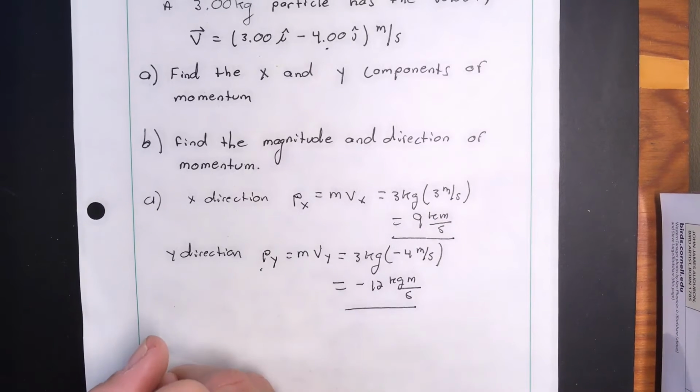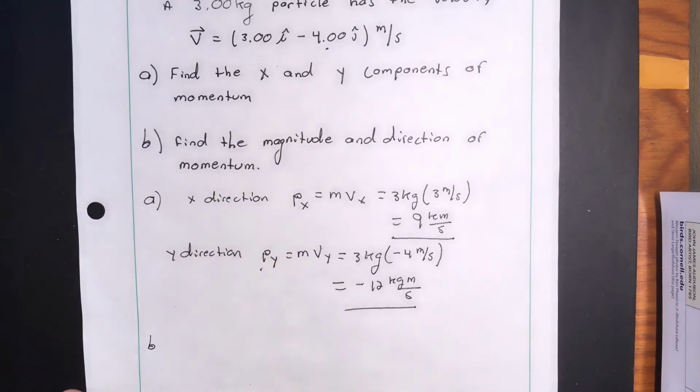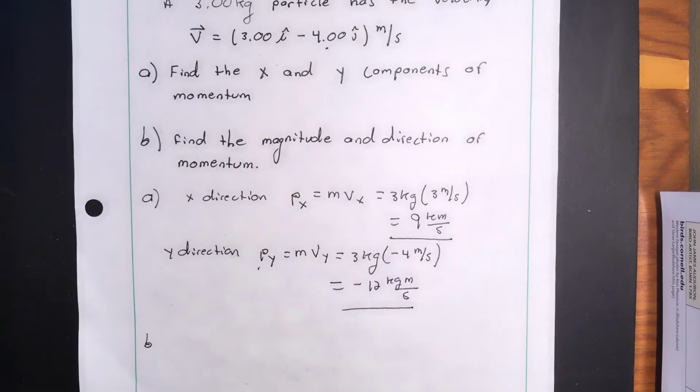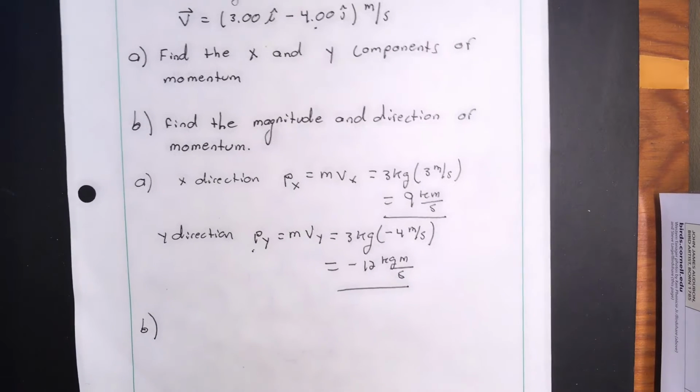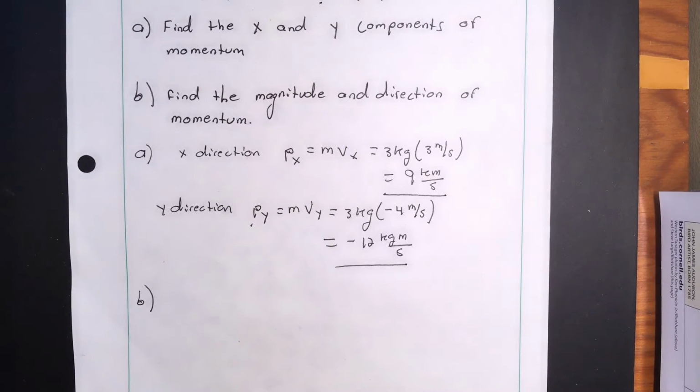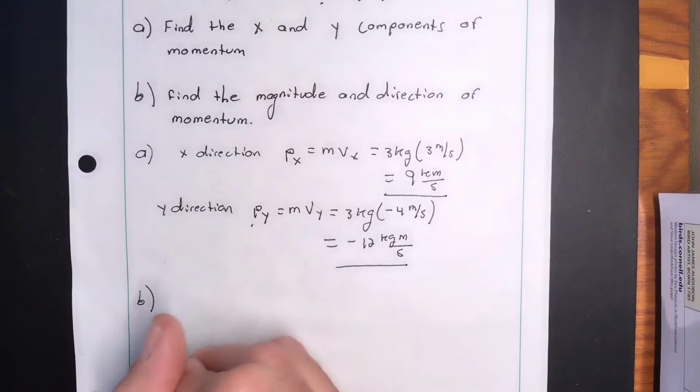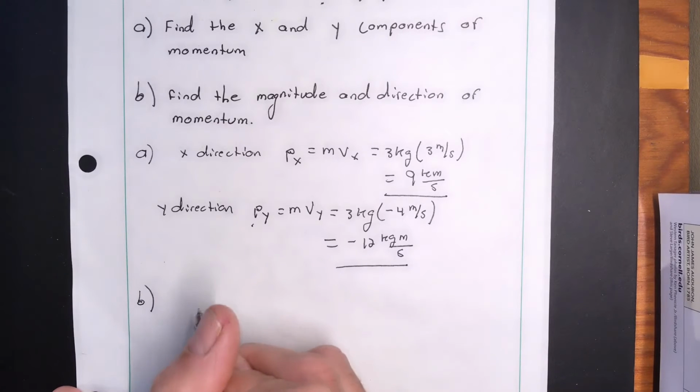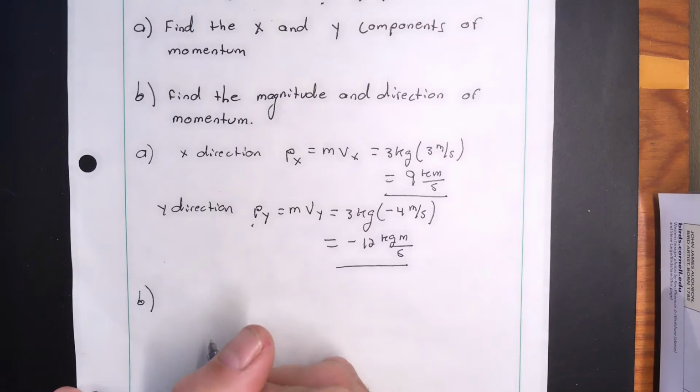Okay, part B. Find the magnitude and direction of the momentum. Okay, this is just, the first part of this anyway, is just a vector. In fact, all of it is just a vector problem, going back to the beginning of the semester. Magnitude of the momentum.